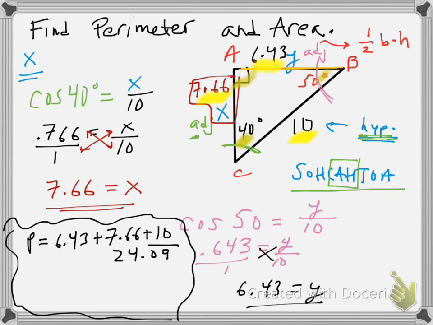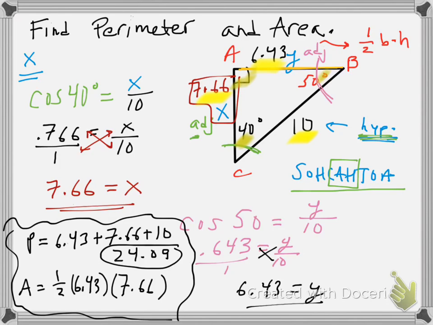And area is 1/2 base times height. Well, the base, from my perspective at least, I would call that 6.43. But if you want to call it the height, just turn your paper around and there it is. So base times the height, that's the other side, 7.66.